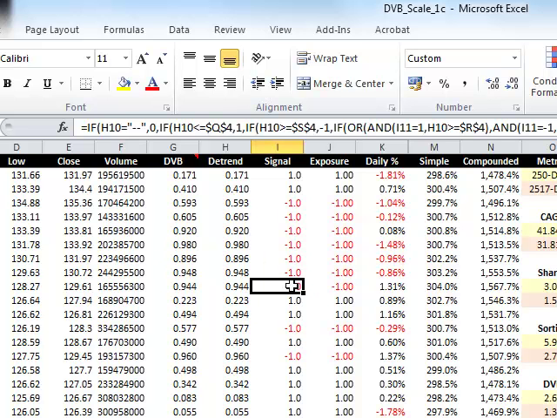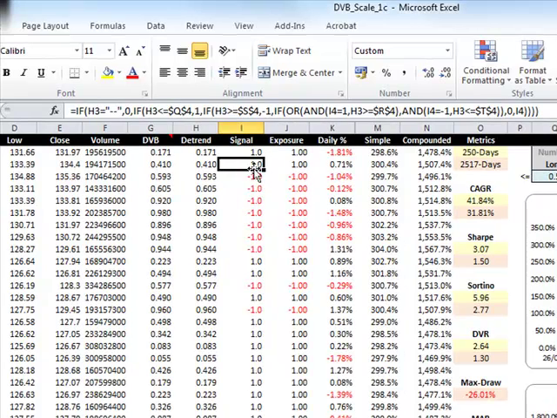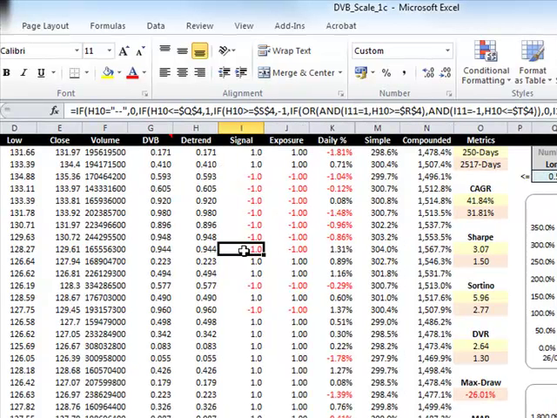You can see here that the signal on the 28th of June was to go short. Now if you're using one position, you would have entered your full position here, and you would not have exited until you got your exit signal here, which was to go long. By dividing your position into a number of units, you divide your total stake or your total liability.